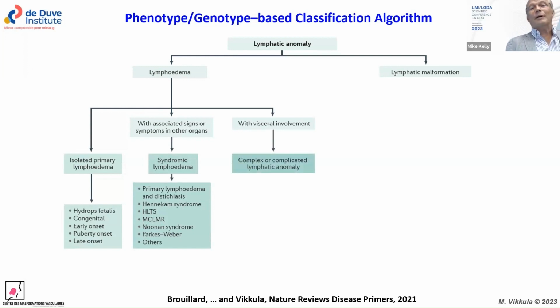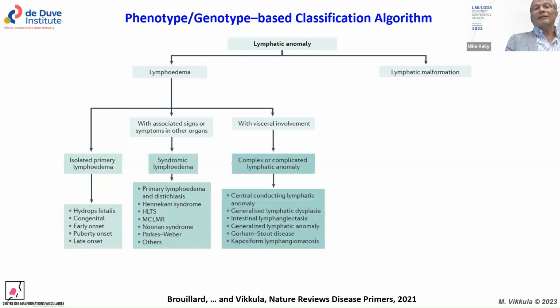And then we have the ones with visceral organ involvement and bone involvement. We are in the area of the complex or complicated lymphatic anomalies, where we put these terms underneath. I think this is the perfect group always to discuss what terms we should be using. You can see here also generalized lymphatic dysplasia, especially used for some genetic conditions where we have a very generalized lymphatic problem.